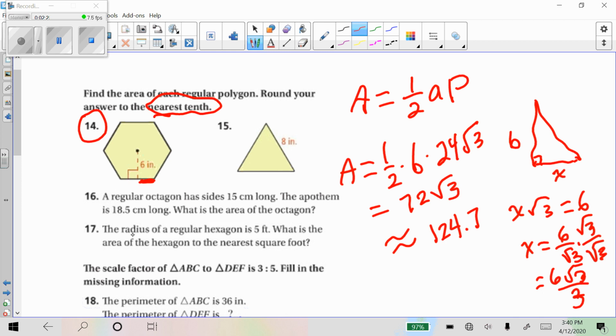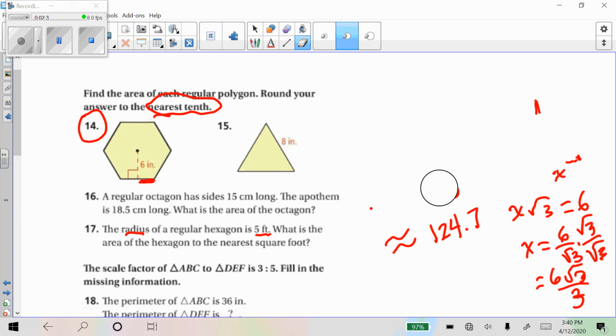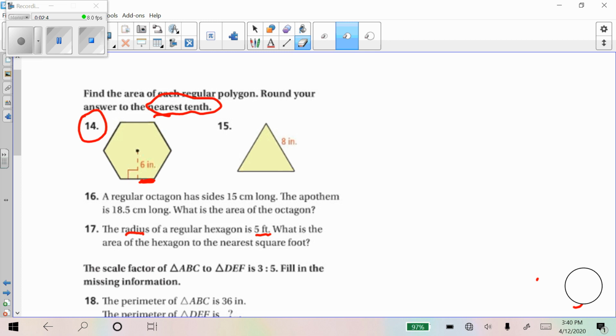All right, the next question we're going to go over is number 17. It says the radius of a regular hexagon is 5 feet. What is the area of the hexagon to the nearest square foot? So let's go ahead and think about that same little triangle we did on the last problem.